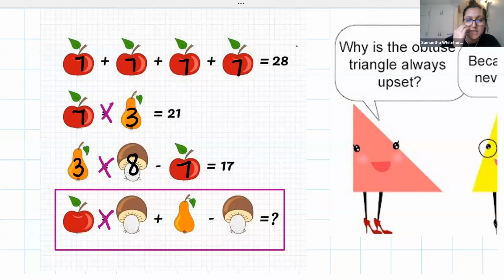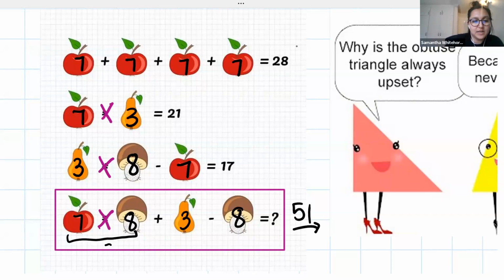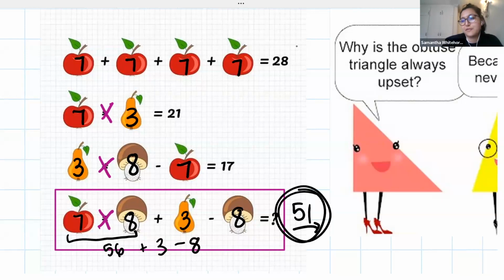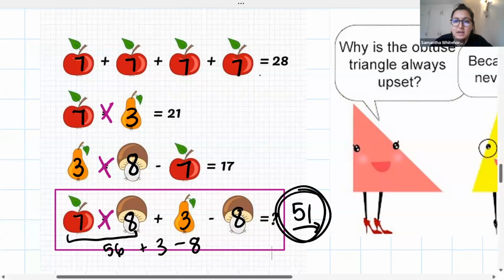Good. So this mushroom is 8. Then I said 7 times 8 plus 3 minus 8, which is 51. Excellent. Well done. So guys, just for this last one, remember your BODMAS. So 7 times 8 is 56, plus 3 is 59, minus 8 gives us 51. Excellent, Sinyane. Well done.